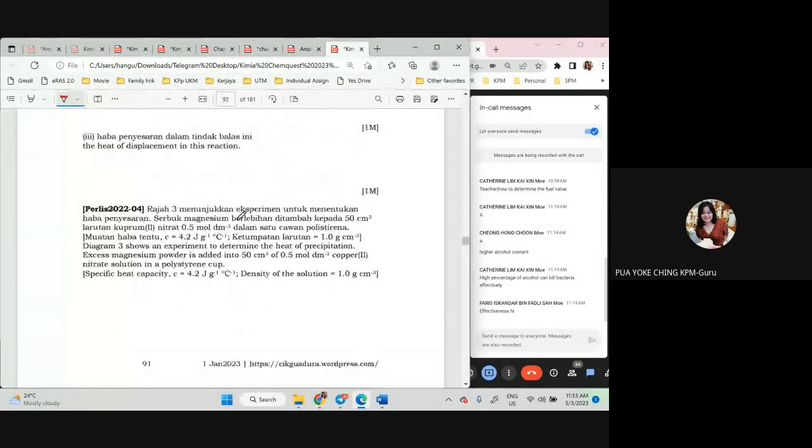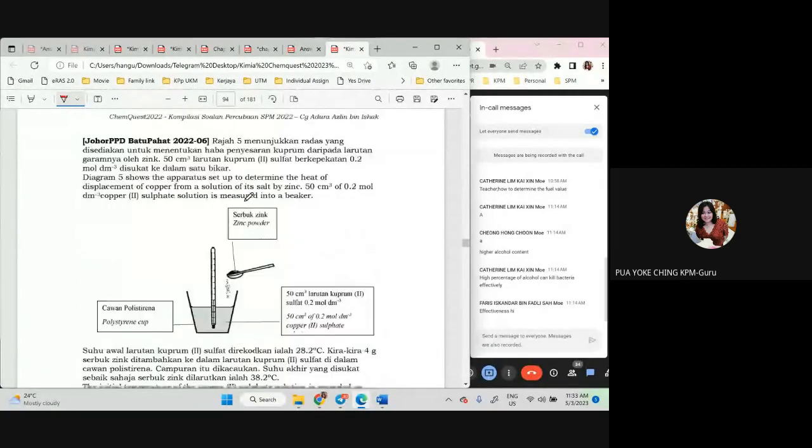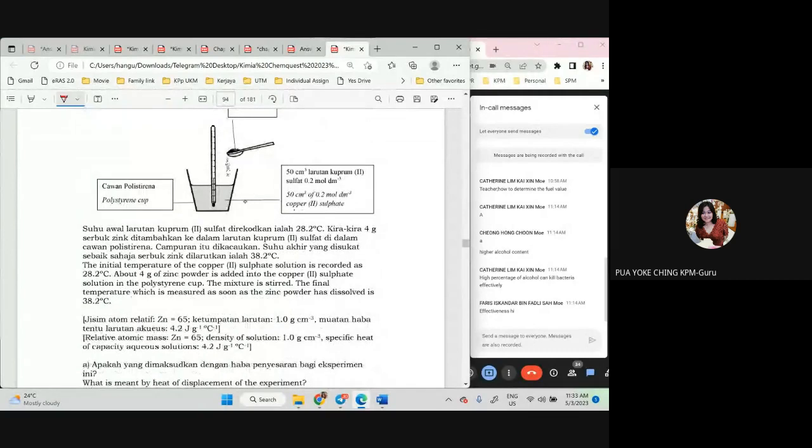kalau you tengok thermal, they would like to use the polystyrene cup kan? Okay. I remind again, why we use polystyrene cup is to reduce heat energy. Okay. Bukan hanya loss it can be either one. It's either loss atau absorb. So nak pilih loss atau nak pilih absorb depends on the type of reaction.